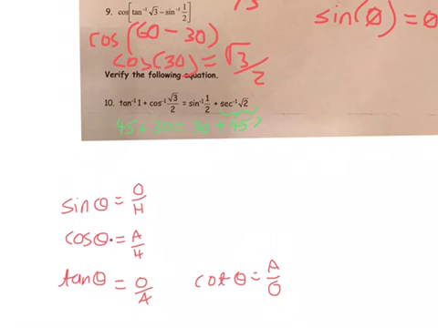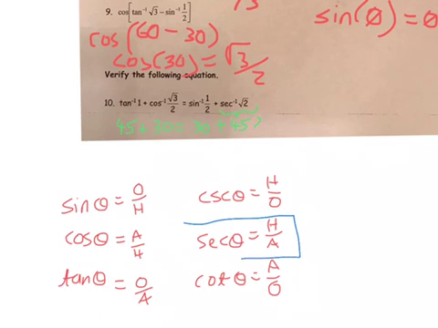Now you would think cosecant would be with the cosine because it kind of sounds the same, but it's actually not. Cosecant is with the sine, so that's cosecant theta, and it's flipped, h over o. And then secant is the reciprocal of cosine, so that would be h over a, right? So these are things that are worth memorizing at a certain point. Nonetheless, this is what we're focused on right now.